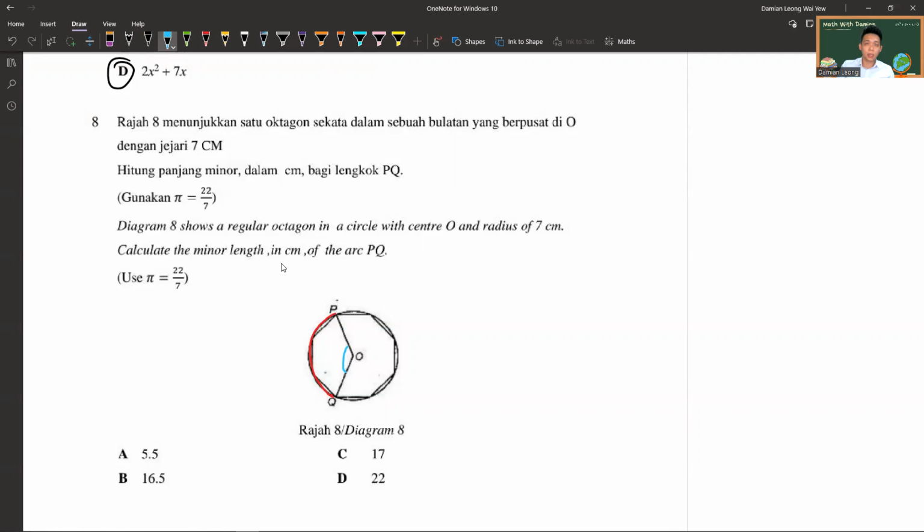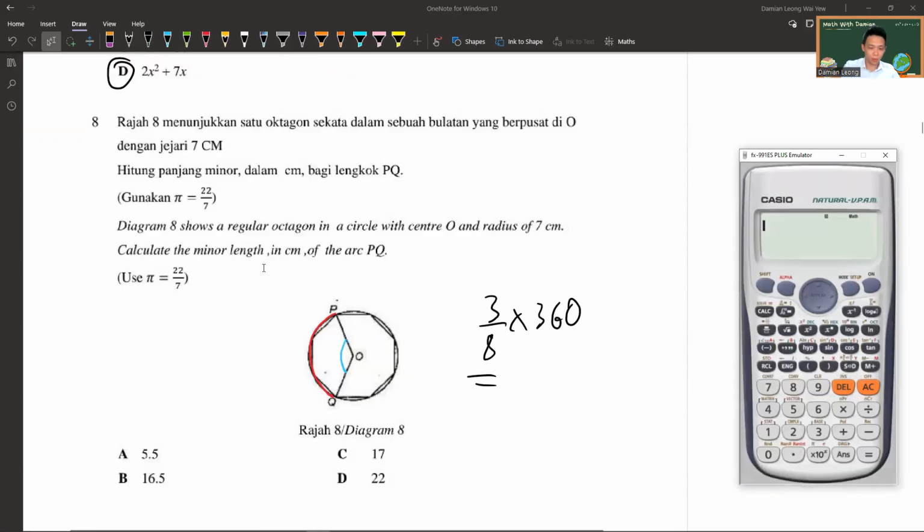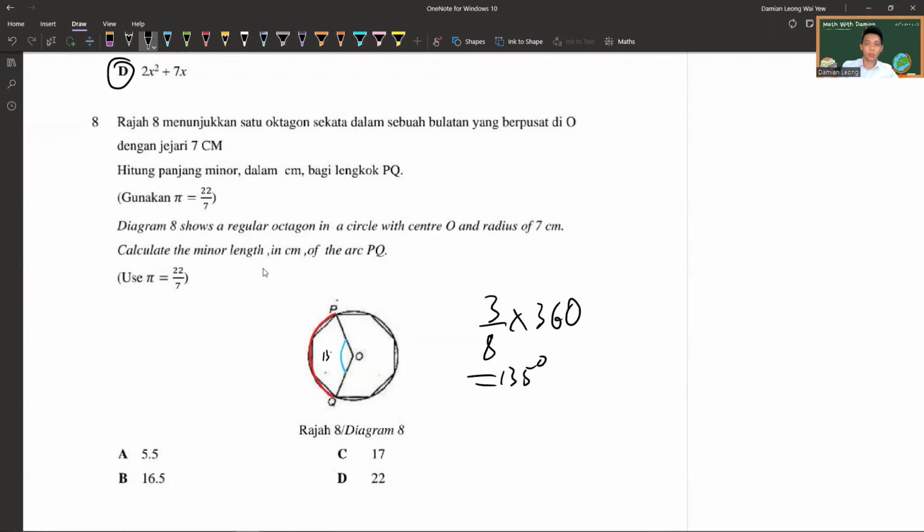Each of it I split at that, and they will have the same angle here. So this is basically 3 triangles out of total 8. So 3 over 8 times 360 degrees. I can find the angle first. So this is basically 135 degrees.